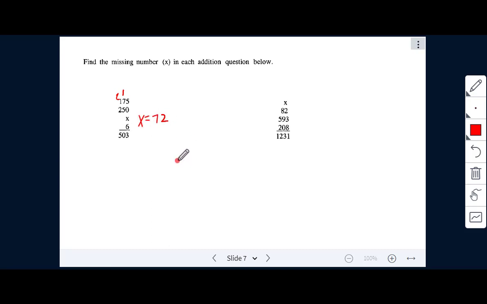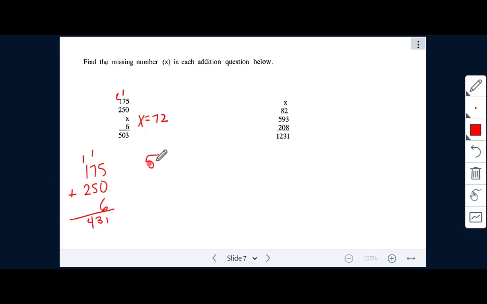Now the other way you can do this is you can add up the numbers. So we can add up 175 plus 250 and plus 6. We'll add those up. So that gives me a total of 431. Then what we do is take our sum here and subtract it from this sum here.